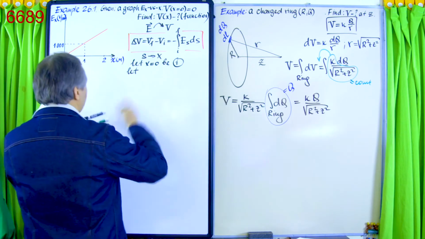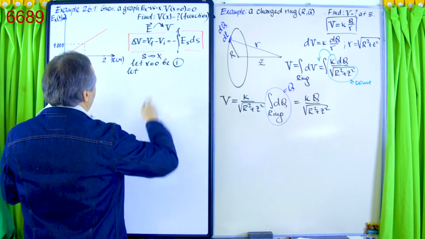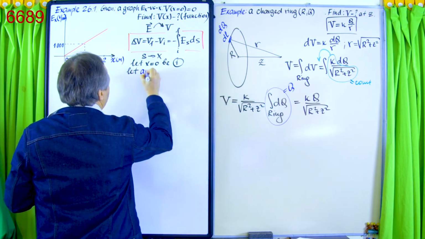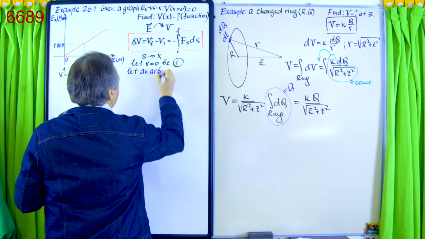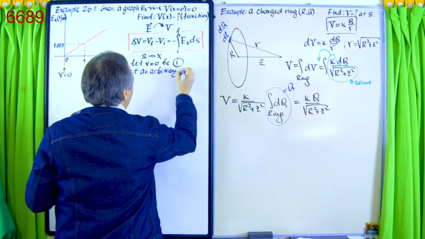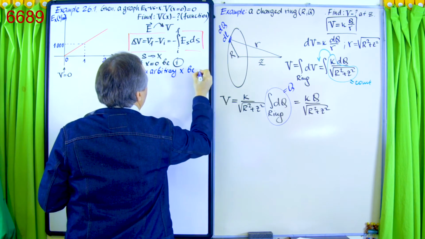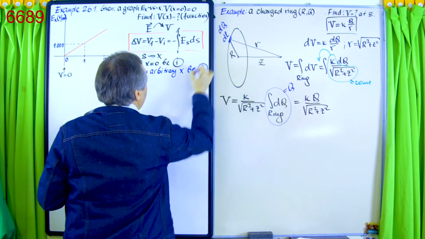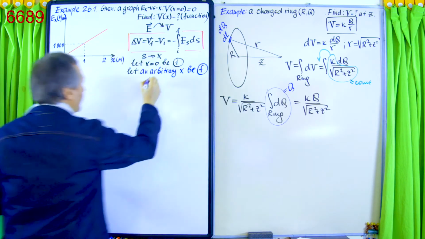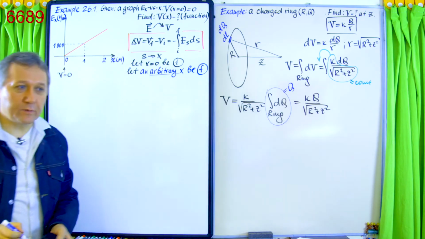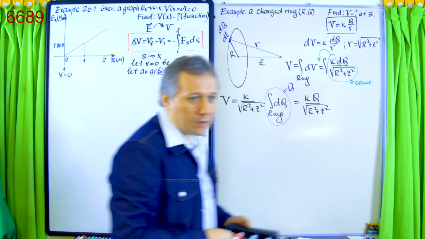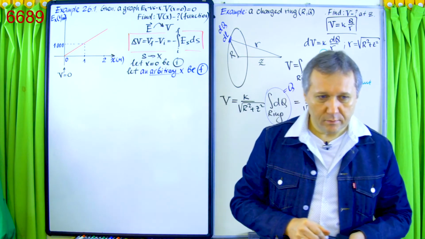So let me write it. Let an arbitrary x be our final point, and emphasize arbitrary. Otherwise, we wouldn't be able to get the function at the end.